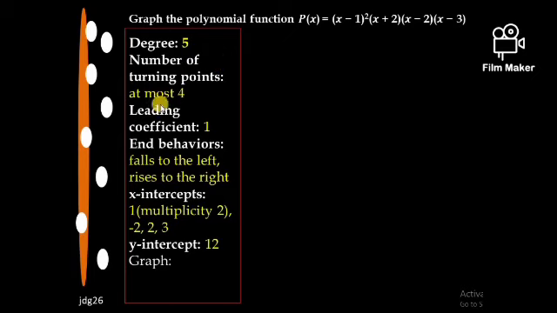The number of turning points is at most 4. The leading coefficient is 1, positive. The end behaviors are falls to the left, rises to the right. The x-intercepts are 1, multiplicity 2, negative 2, positive 2, and positive 3. And y-intercept is positive 12. At ang itsura ng graph natin, it must be like this one.